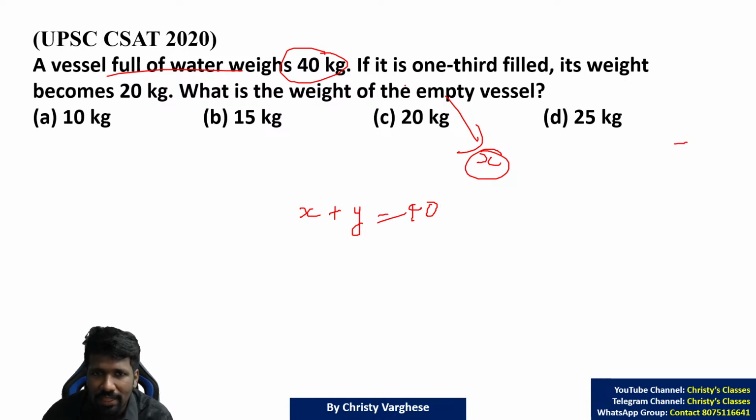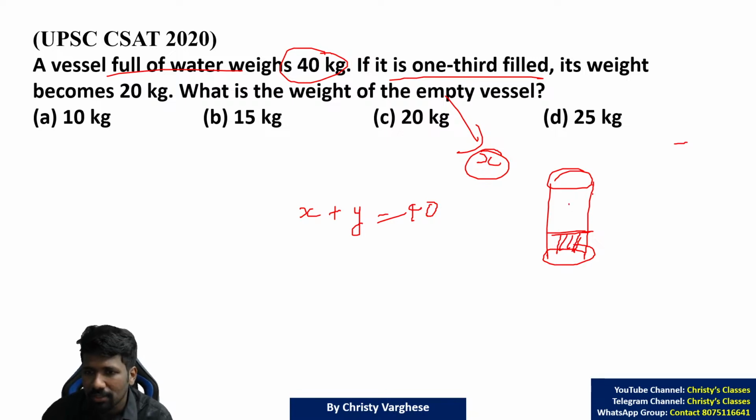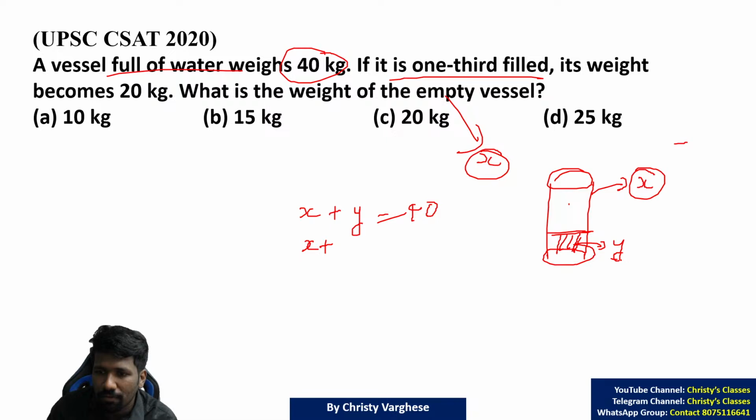And if it is 1/3 filled, the weight is 20 kg. The vessel weight is still the same, x itself, plus the water is just 1/3 of the water earlier, that is y by 3. Adding this is 20 kg, so this is the second equation. Now we need the empty vessel weight, so we need the x value.